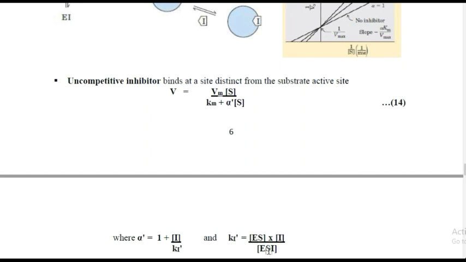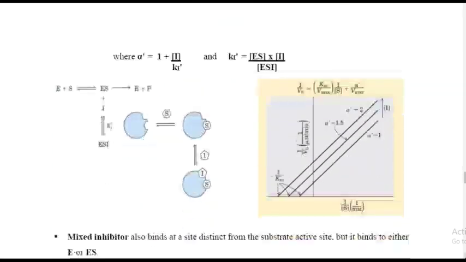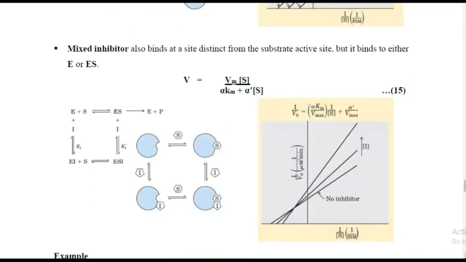In the case of the mixed inhibitor, they bind at a site distinct from the substrate active site, but it binds to either the enzyme or the enzyme-substrate complex.